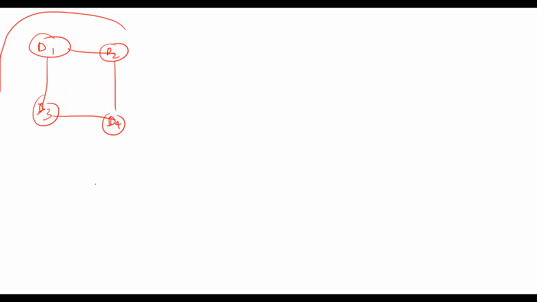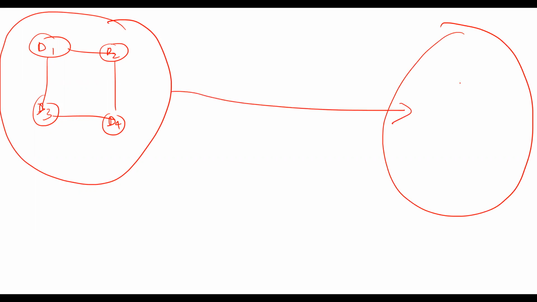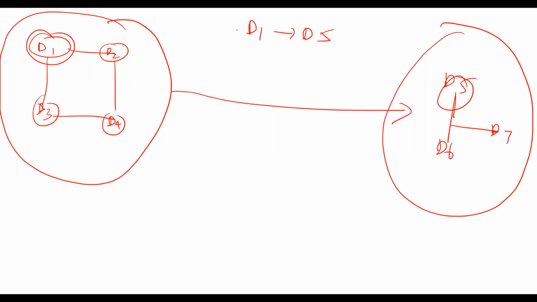They are present in the same network, and it contains one more network. Here I want to establish a connection between D1 and D5. I want to transmit data from D1 to D5.